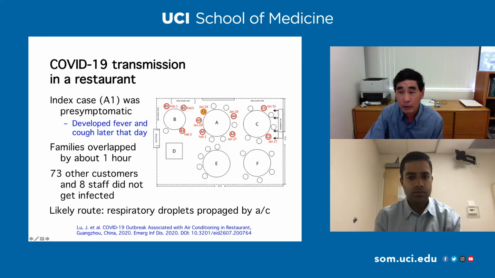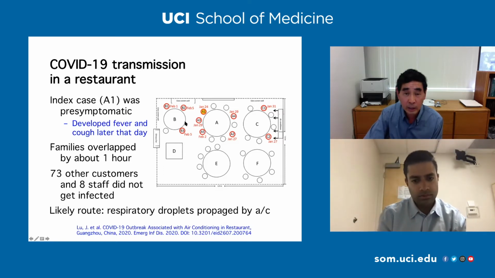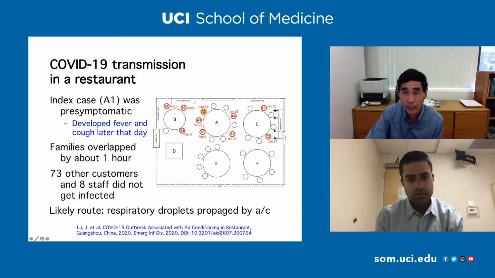We don't know how patients or customers on table C got infected. There's speculation that the air conditioning currents went across the restaurant, bounced off the wall, and went back in this direction. But the interesting thing is there were no infections in neighboring tables on this side where the airflow from the air conditioner would not have gone this direction.